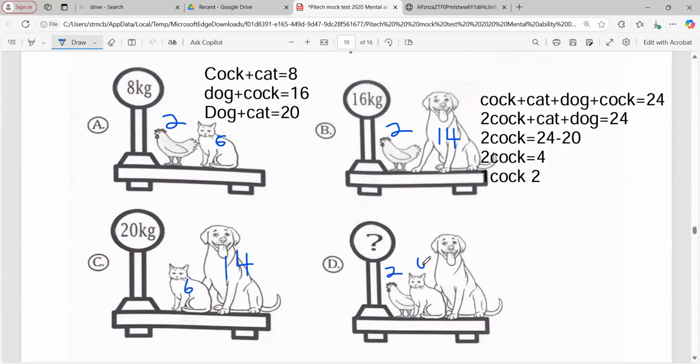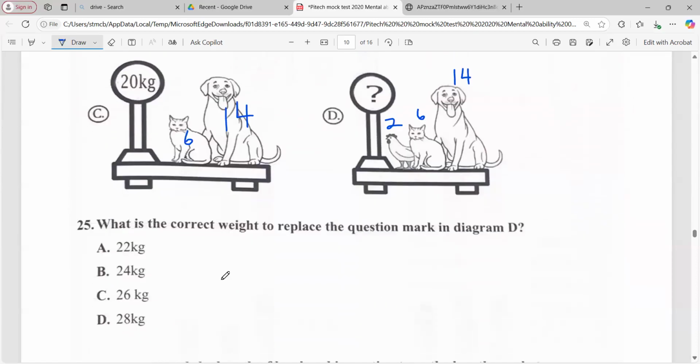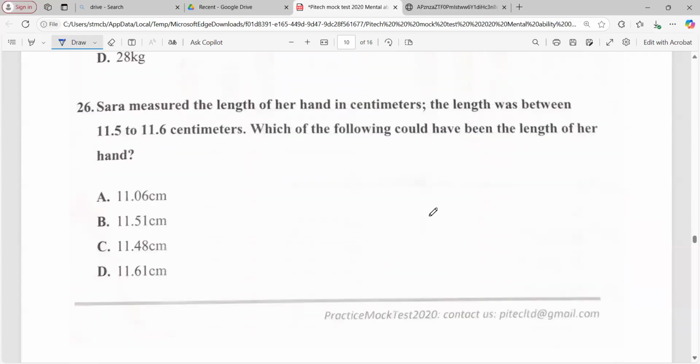Because the dog and the cat give you 20, and the one cock had it. I hope you guys learn how to do it. A very nice question, though.